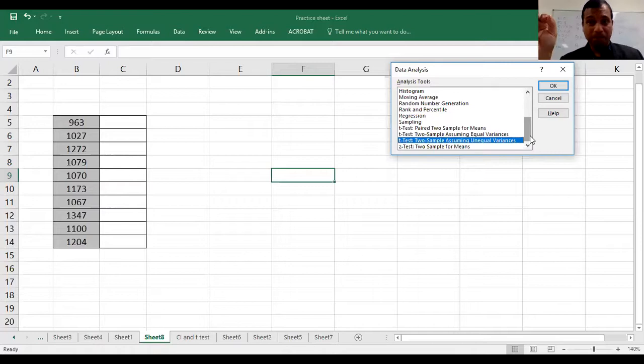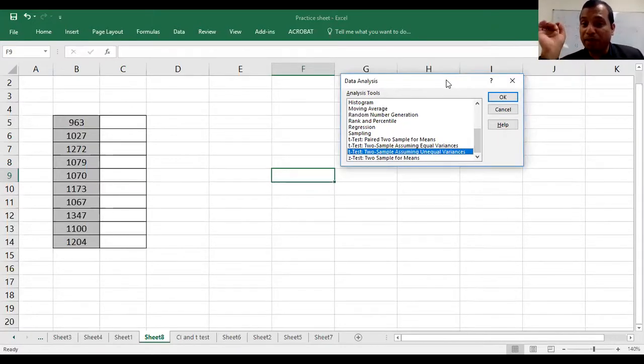That's it. Excel is not providing you the t-test for one sample. Is there any option for the one sample? Are you able to see it in your data analysis tools? No, it won't be there.